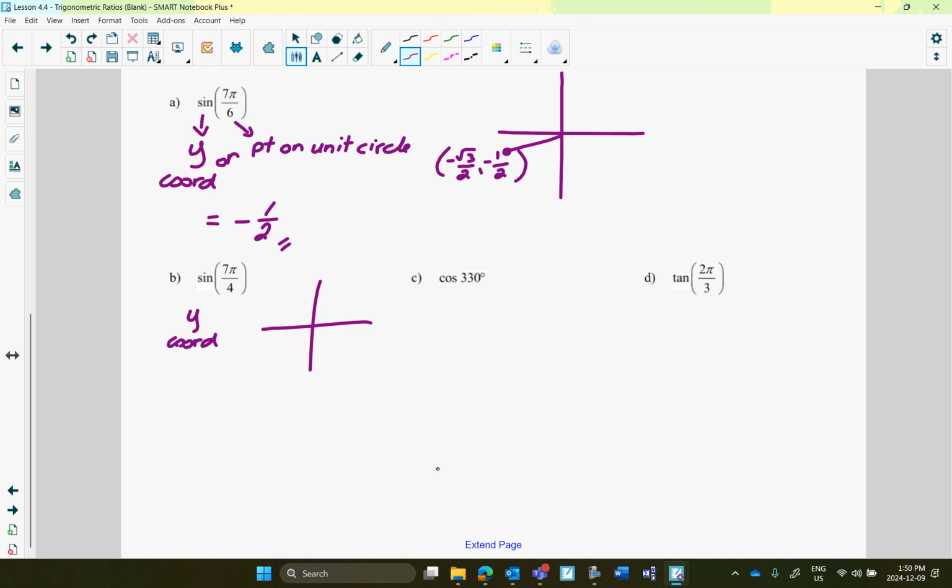It's here, right? So it's √2 over 2, comma, -√2 over 2. But I want the y coordinate. So it's -√2 over 2. Try the next one. You should be able to do the next one.